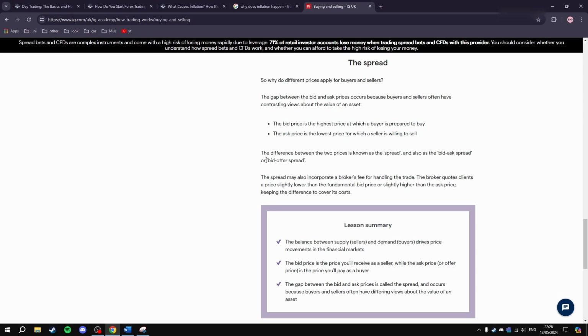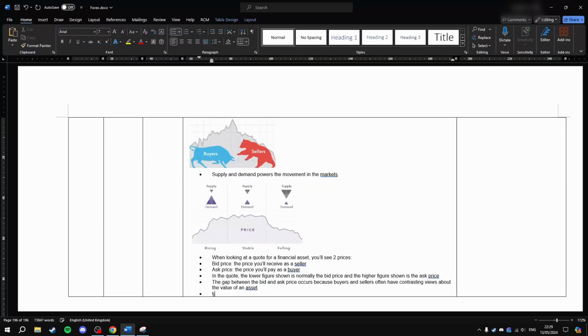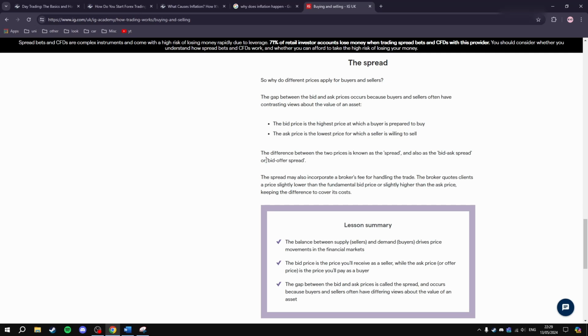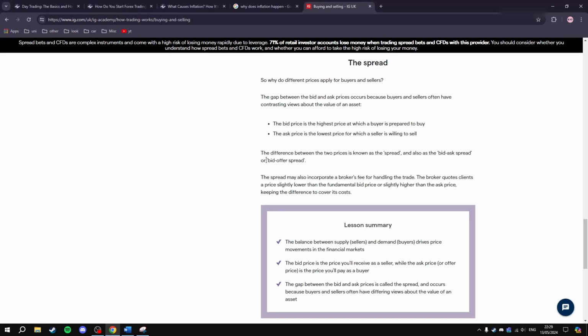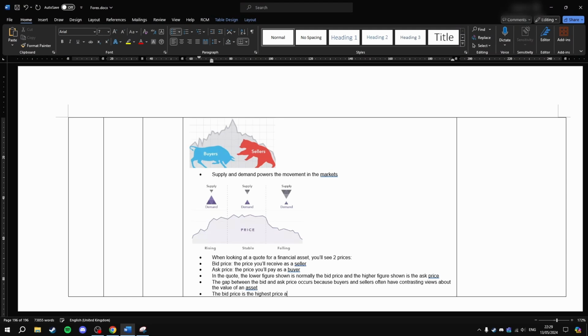So the bid price is the highest price at which a buyer is willing to buy.